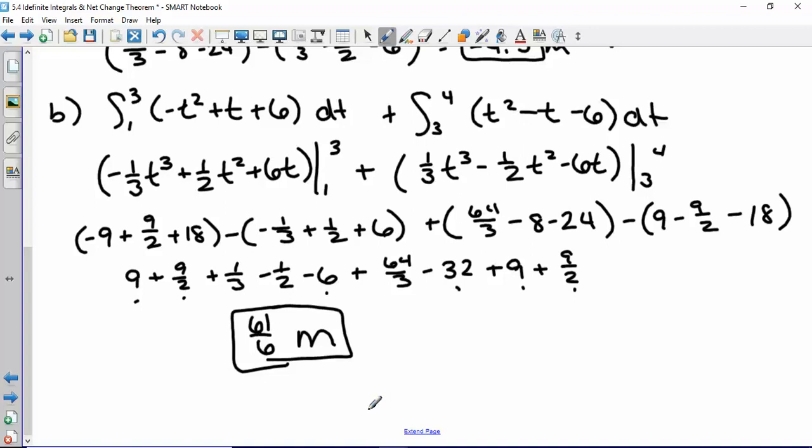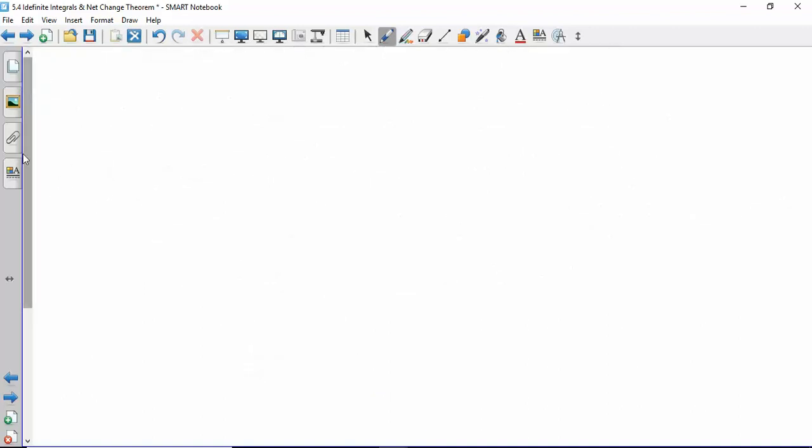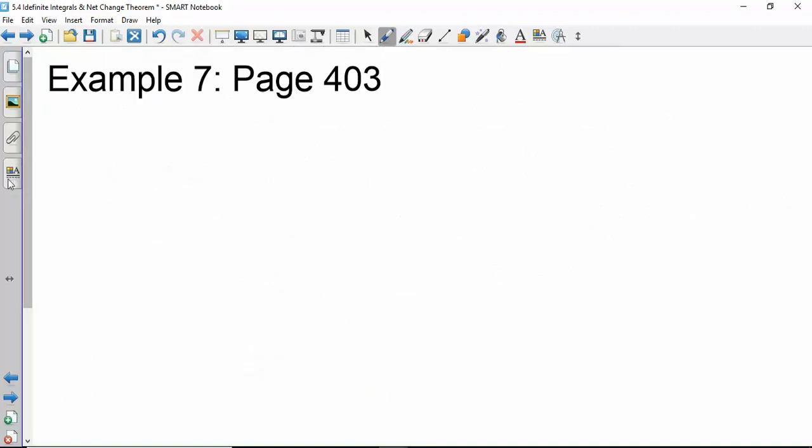Last example I wanted to do, I wanted to look at one in the book. You guys would grab a textbook. Okay, so page 403.